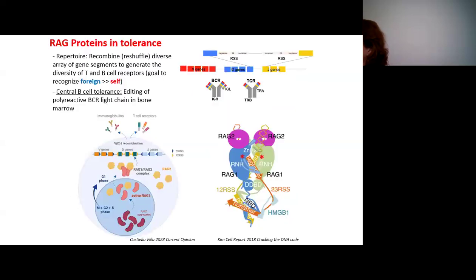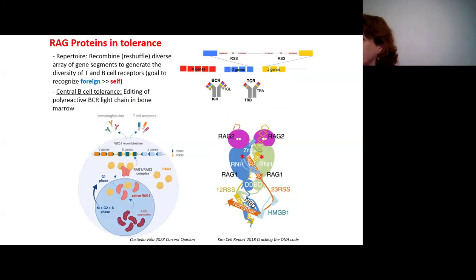So the T cell and B cell repertoire is the byproduct of the VDJ recombination process. During that process, the goal is to have as many different T cells and B cells as possible to recognize foreign things, viruses and bacteria, but to not recognize self, because we don't want these B cells and T cells to attack the body.